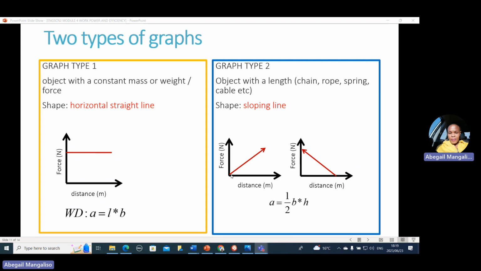So let's say you are lowering it from 0; as it is reaching its destination down, the length is getting longer. But if you are winding it up, it will start from a bigger length, just like this graph, and get shorter as it is reaching its destination. Now let's look at the next slide.